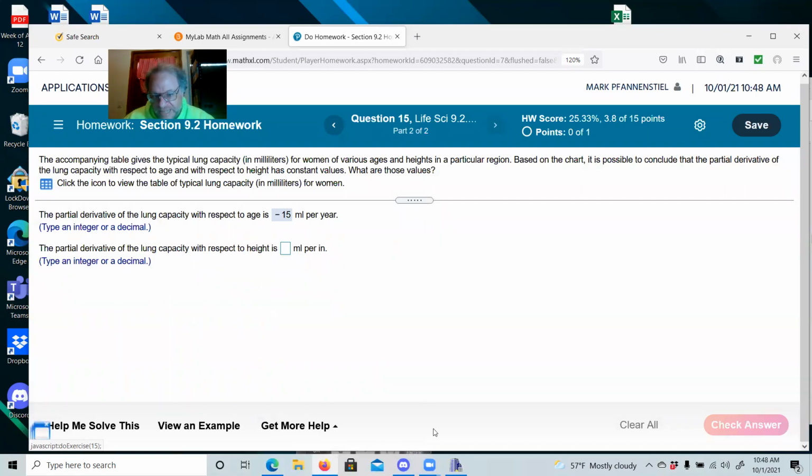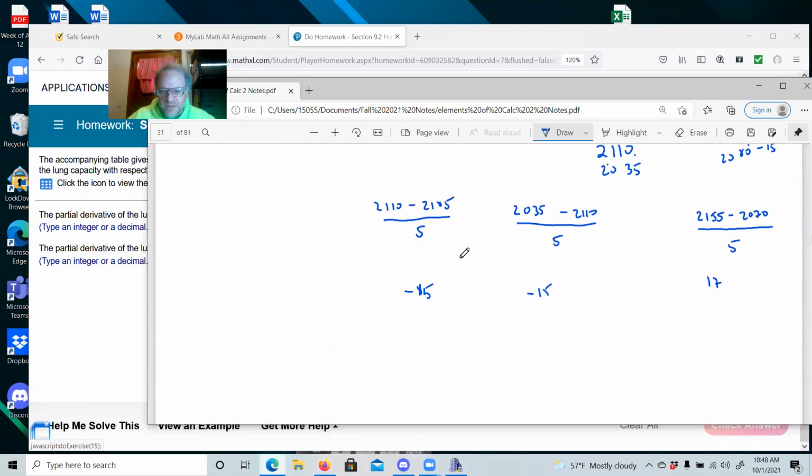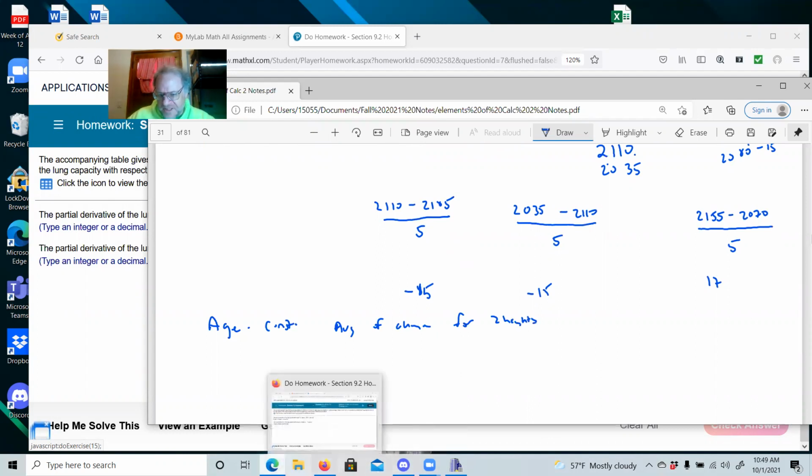So we're holding age constant and we're checking our heights. We are holding age constant and finding the average rate of change for two heights. I'll bet that's a constant too.